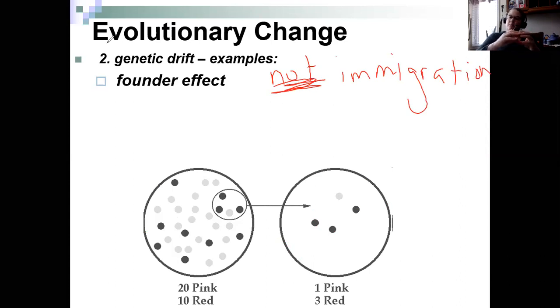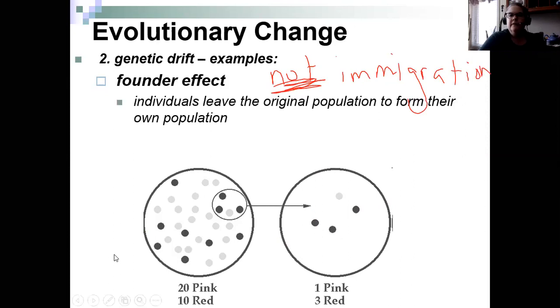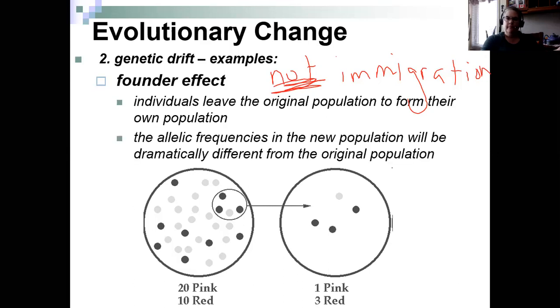They are creating a brand new colony that never existed before. So what's going on? Individuals leave the original population to form their own population. They're not adding to a pre-existing one, they're forming their own brand new population.